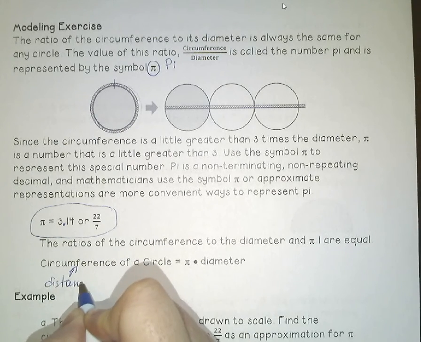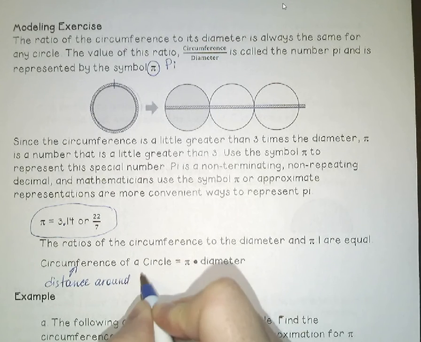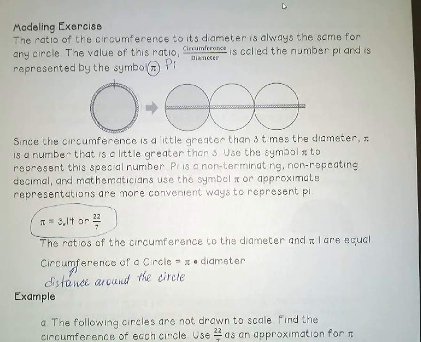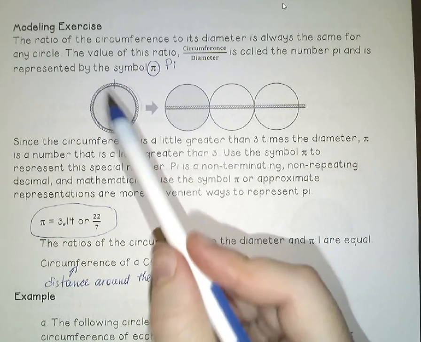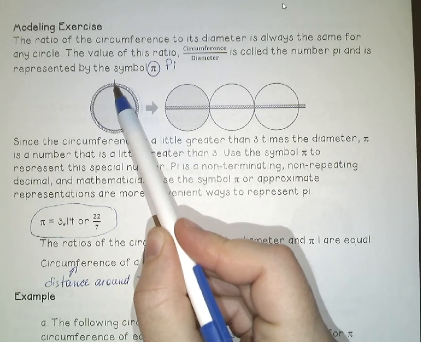Okay, we can find the distance around the circle without measuring it.